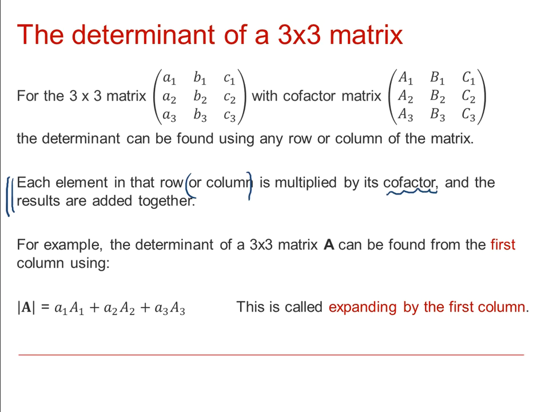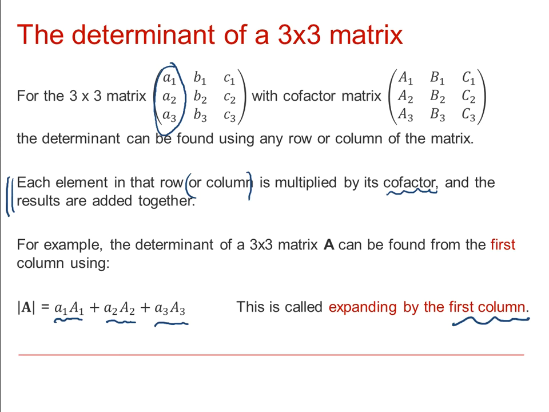So for example, if we're using column 1, in other words A1, A2 and A3, we would find the sum of A1 multiplied by the cofactor of A1 plus A2 multiplied by its cofactor plus A3 multiplied by its cofactor. We refer to this as expanding by the first column. And as I said, we can use any row or any column in the same way.